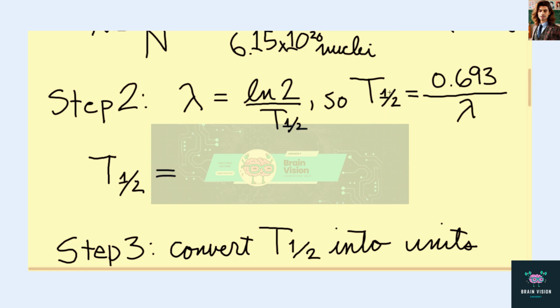So we can rearrange our factors and divide the numerical approximation of the natural log of 2 by the lambda that we solved for in the previous step. Doing this, we find that the half-life in seconds of our sample is 3.55 times 10 to the 18th.